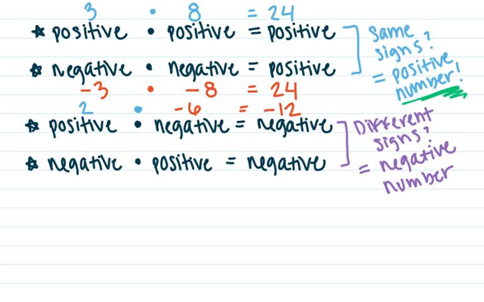Now, if I have a negative 2 times a positive 6, again, my answer is going to be a negative 12. So if my signs are different, it is going to be a negative number. So all you have to do is check out your signs, multiply the numbers like normal, and then use the appropriate sign based on what your numbers are.